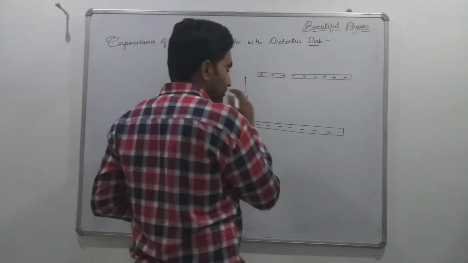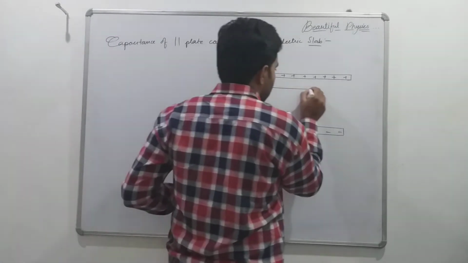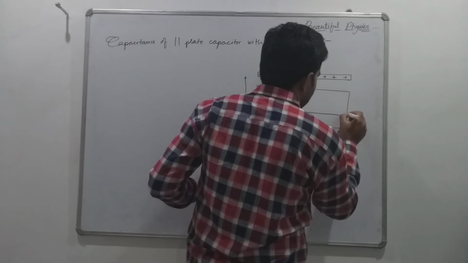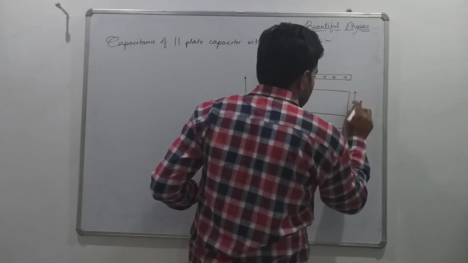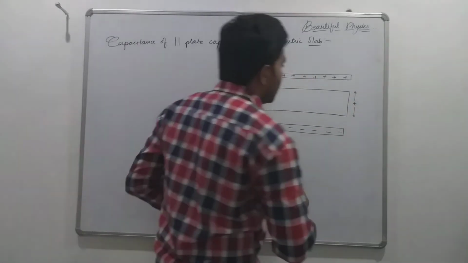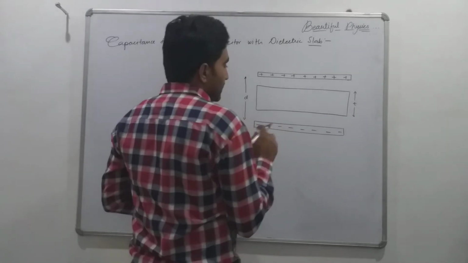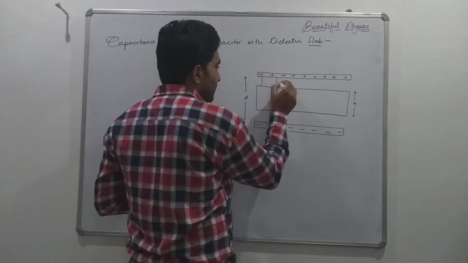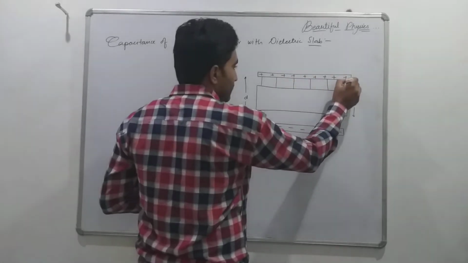And suppose that we have a dielectric slab of thickness t between the plates. As we put the dielectric slab between the plates, the electric field outside the slab is from positive to negative.